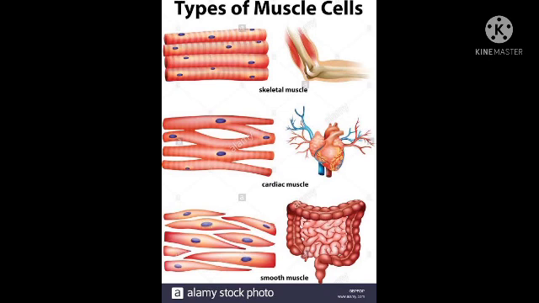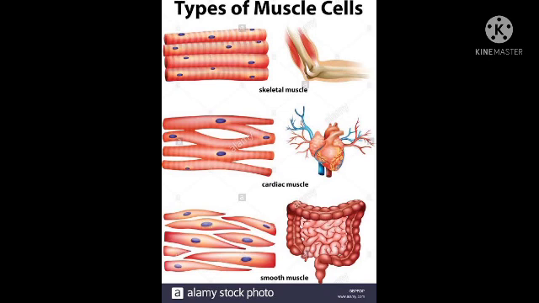These muscles are made up of branched fiber-like cells and have a banded appearance. Cardiac muscles contract and relax continuously throughout our lifetime to help the heart pump blood day and night.